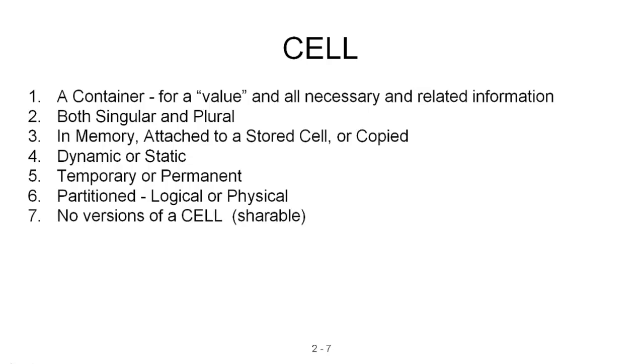And there are no versions of a cell. Basically, it's not shareable if it's versioned. So I have an application, I create a data structure, let's say an employee record, and I want to add a new field, we just add it. The application does not assume anything. So if it comes up that we want to record whether he has a commercial license or not, we've never done that before, but we hired a couple of truck drivers, we just add it.